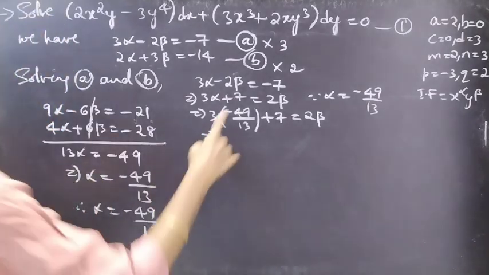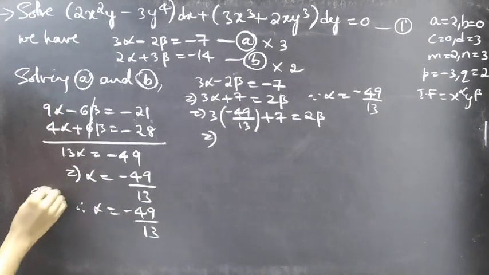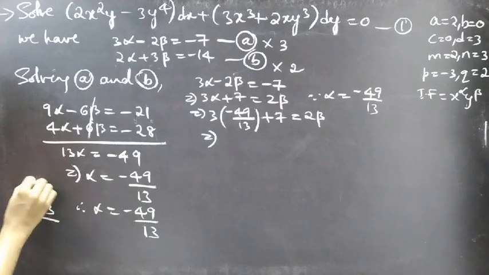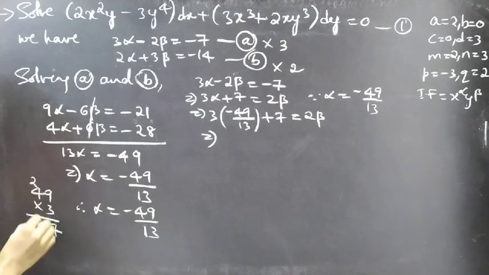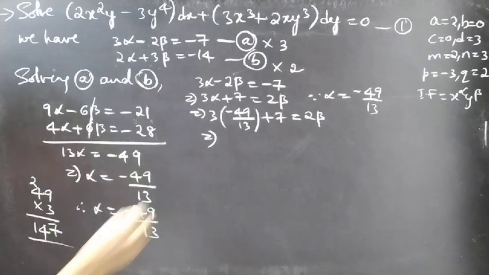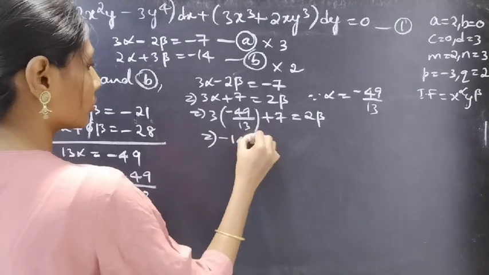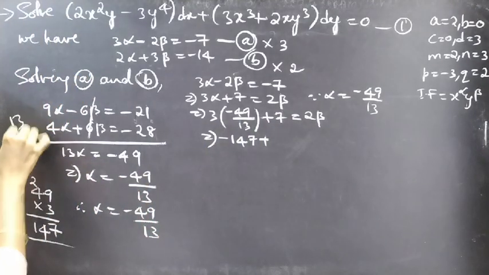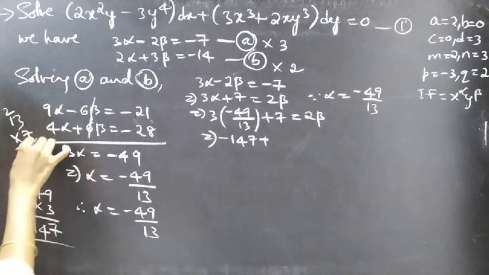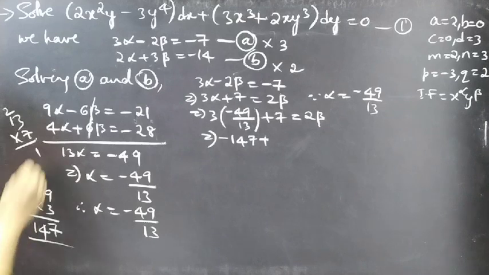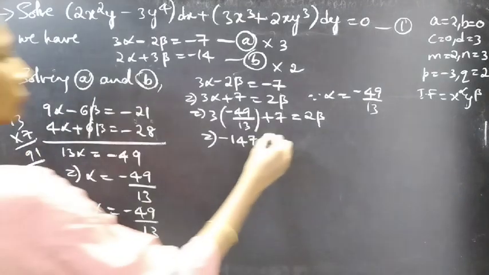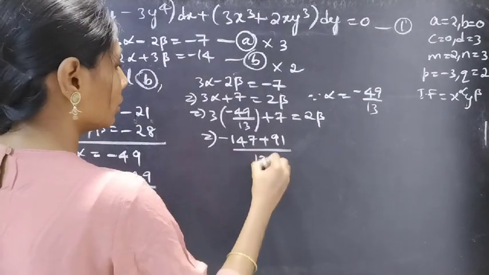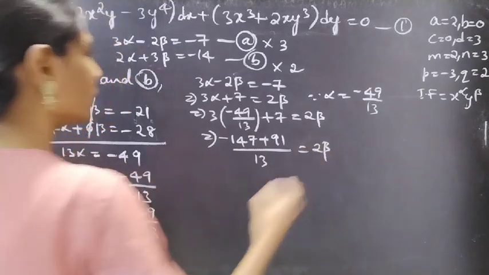This gives us 49 into 3. So minus 147 plus 13 sevens are 91 by 13 equal to 2 beta.